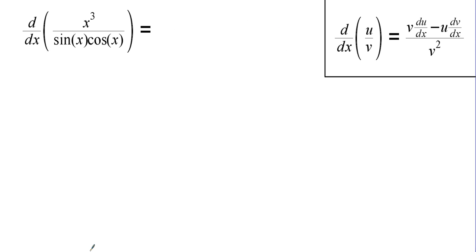For the last one we've got here, we've got x cubed over sine x times cosine x. So we have, again, one function, x cubed, divided by another function, sine x cosine x.